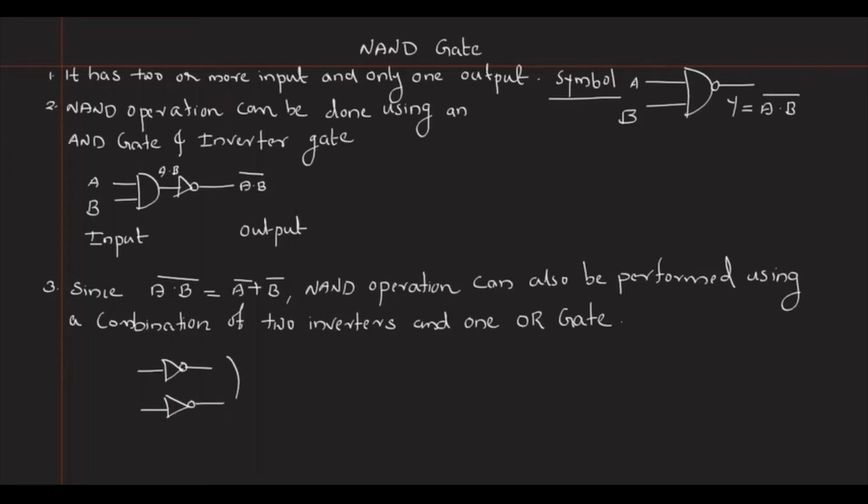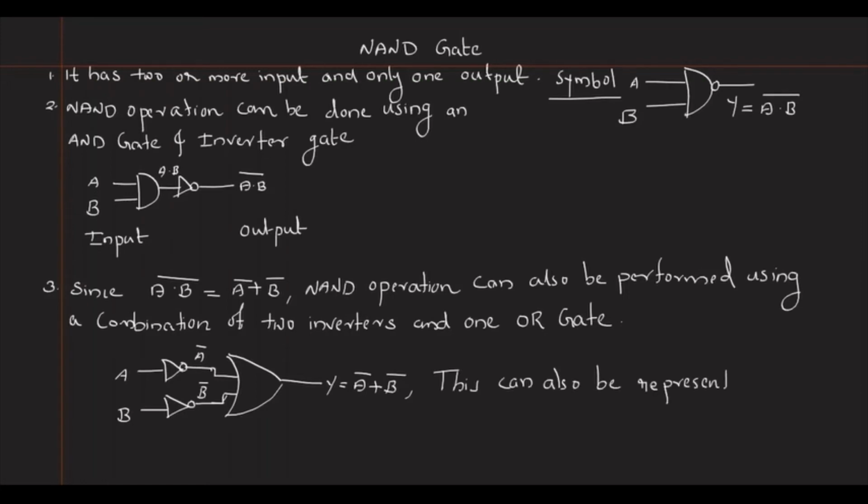We have 2 inputs. The output of the NOT gates is connected to an OR gate so that the output becomes A complement plus B complement, and it is equal to A dot B whole complement. This can also be represented in the following way.